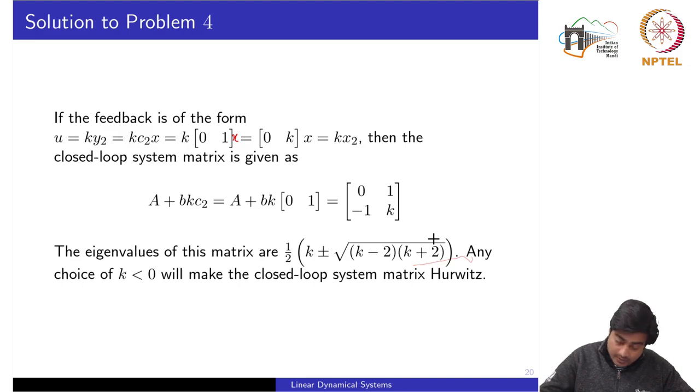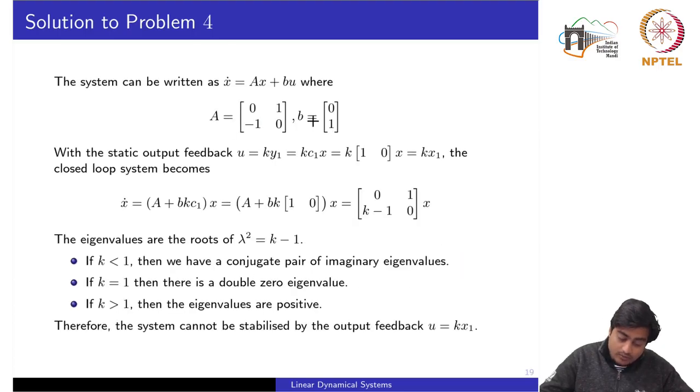Okay, so this means that if I feed back both the states, I know from the controllability property of the pair A comma B that the system can be stabilized. But if, instead of feeding back both the states, I feed back the first state, the system can never be stabilized.